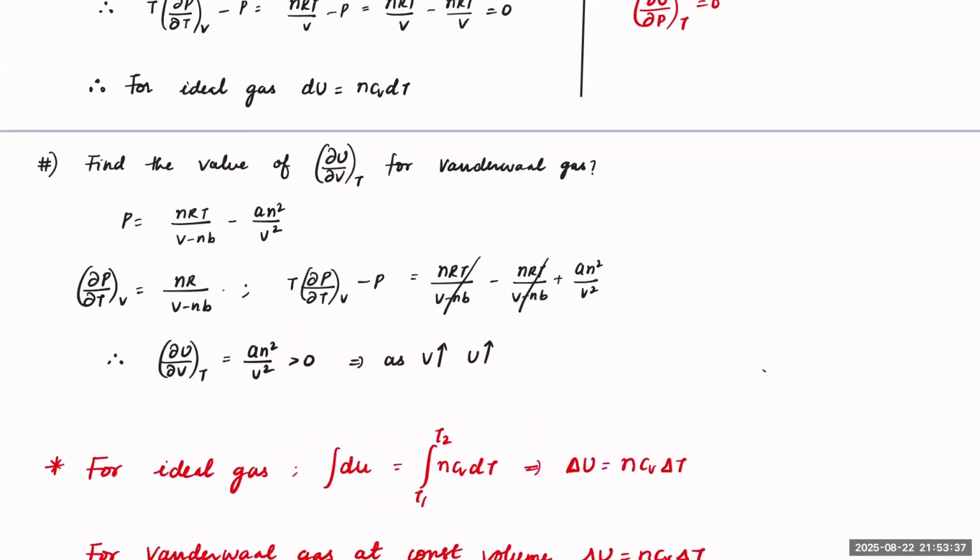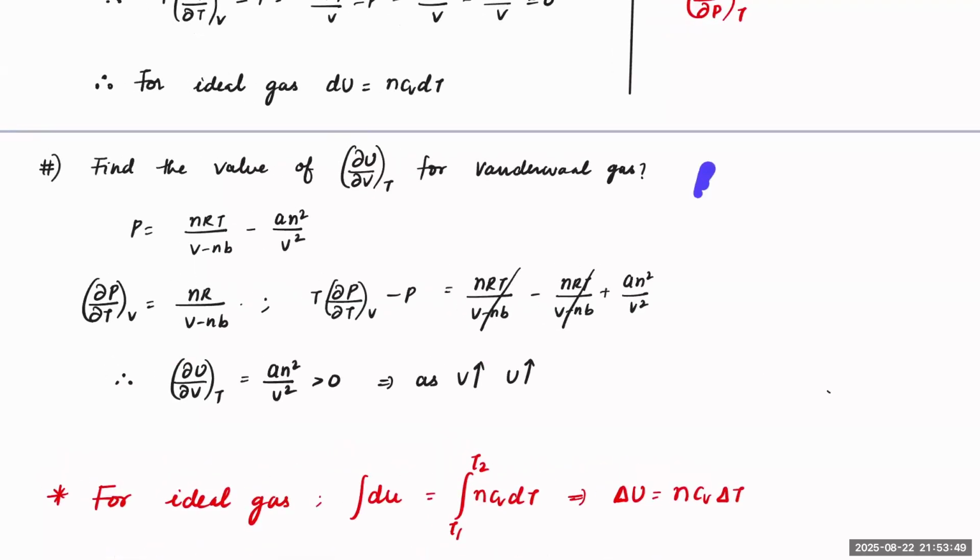Imagine I need to find the value of du by dV at constant temperature for a van der Waals gas. Van der Waals is a real gas, right? So for a real gas, what is the equation now? It is not simply PV equals nRT.